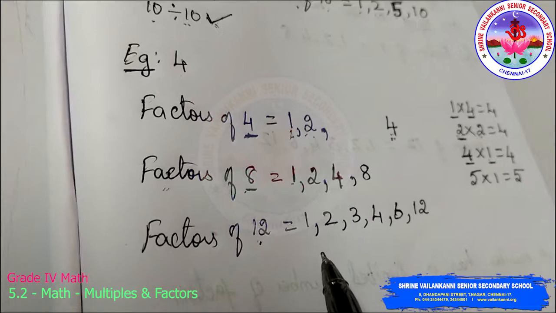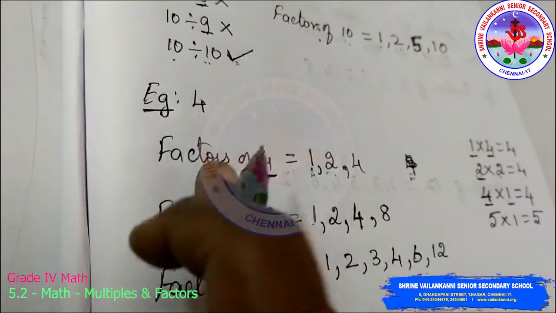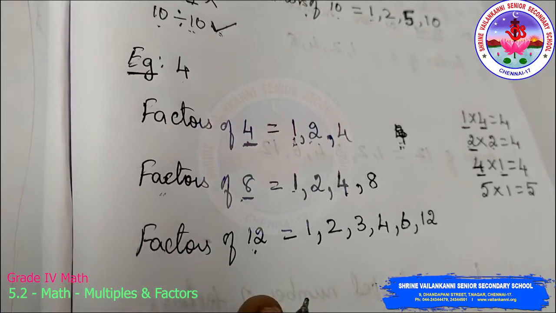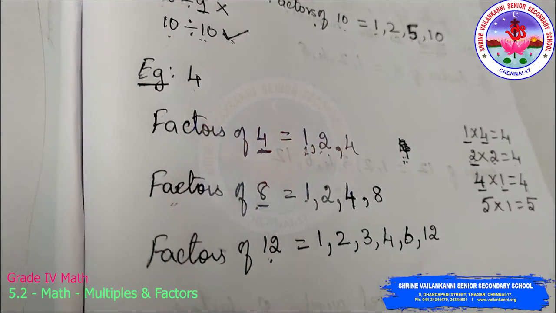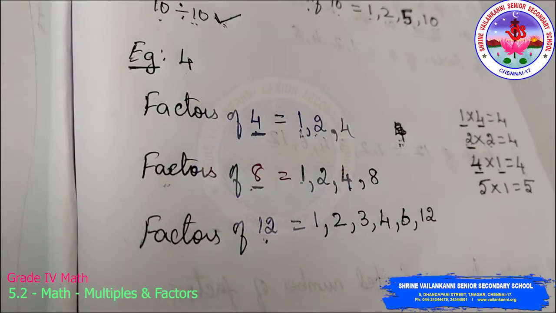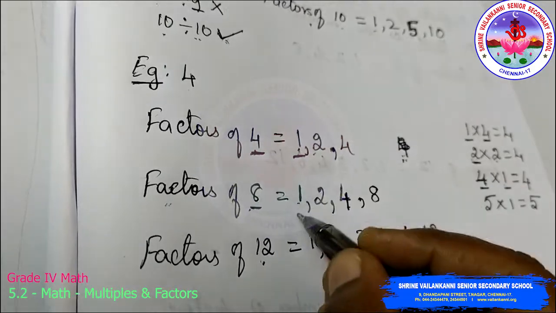Okay. So here if you see, all these factors that I have showed you as an example, for all the factors, if you take any number, your first factor will be 1.